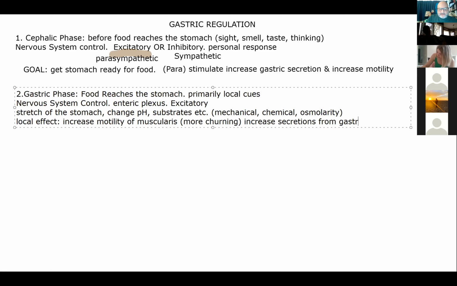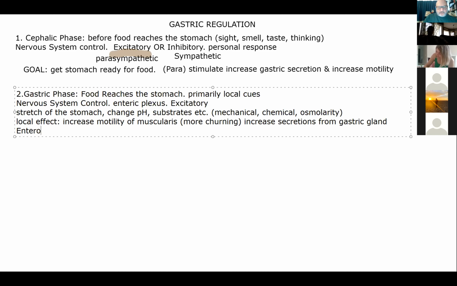from our gastric gland. Of course, we know that increase in secretion from the gastric gland includes hydrochloric acid, includes pepsinogen, but it also includes the release of gastrin. Enteroendocrine cells, and again, these particular enteroendocrine cells are sometimes called G cells because they're the ones that release gastrin.